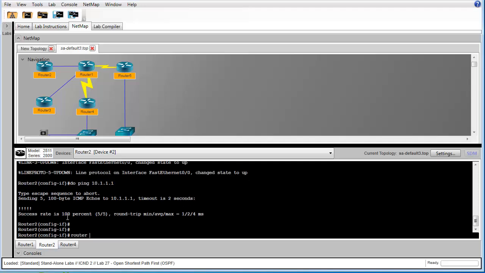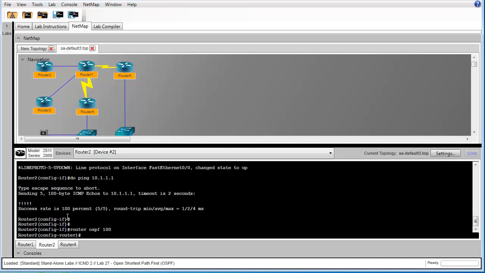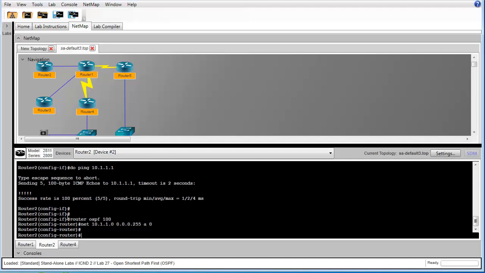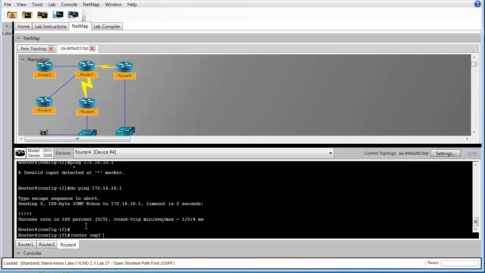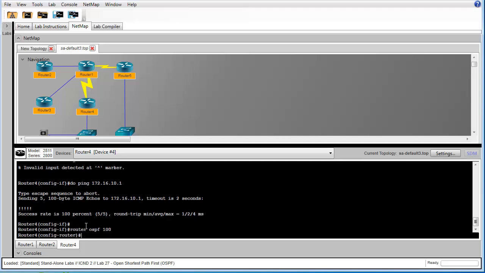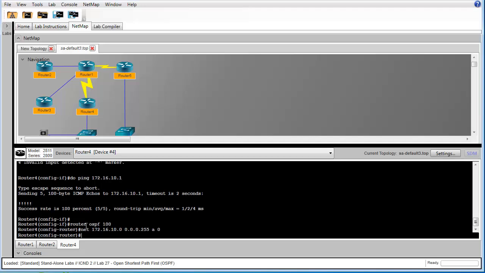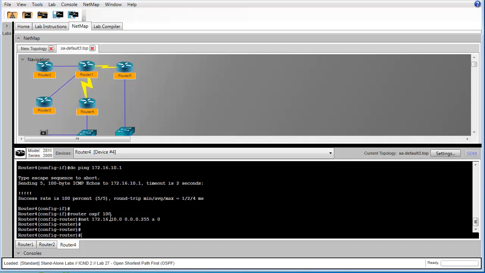And on router 2. The process ID for each one does not have to be the same, but the lab document asks us to do that, so we will. And that's all for task 2.